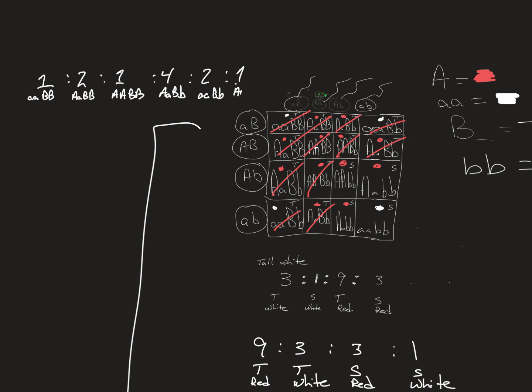Big A, big B, little b, and there's 2. And big A, little b. So one of those. And big A, little b. And then little a, little b.